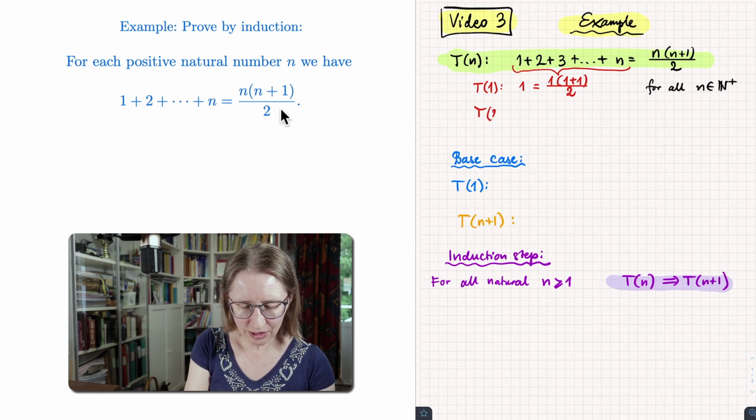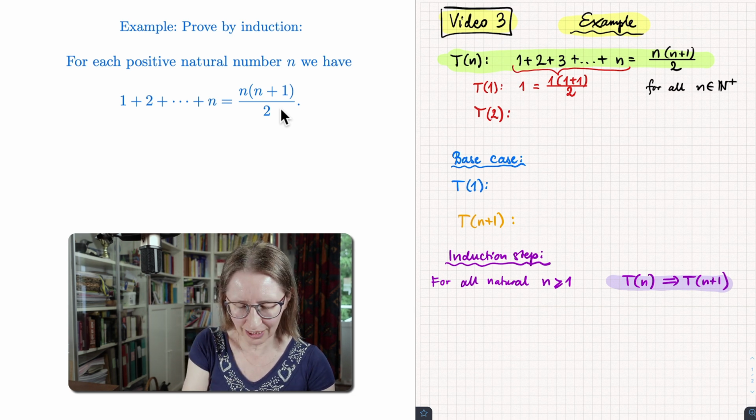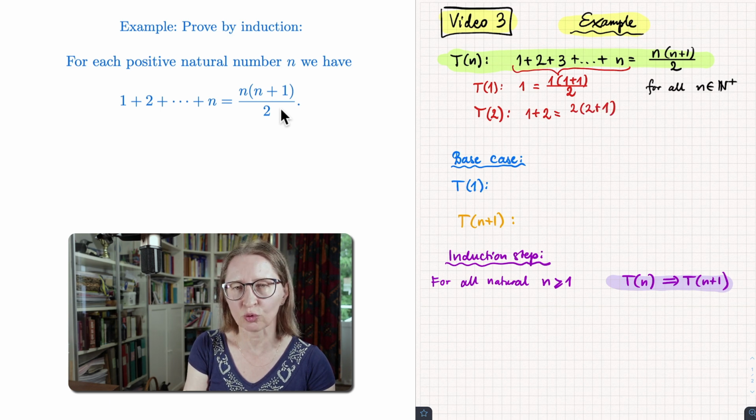So what will be T(2)? Then you have to plug in n equal to 2. At the left-hand side, you will have just 1 plus 2. And at the right-hand side, you have 2 times (2 plus 1). You see what I'm doing, right? I'm plugging in 2 instead of n.